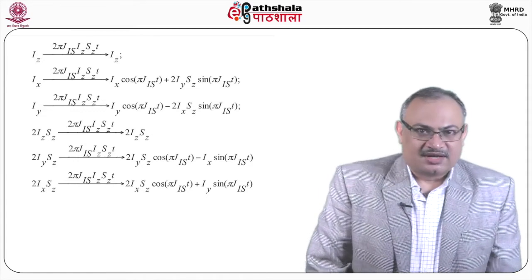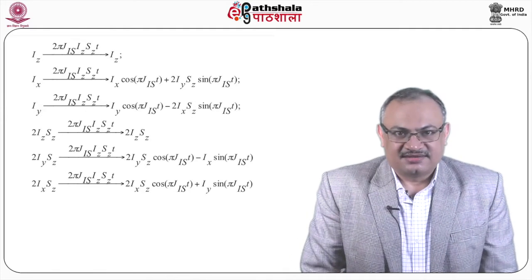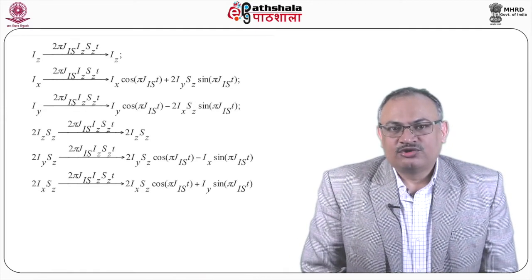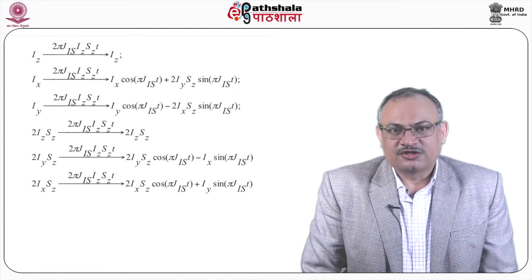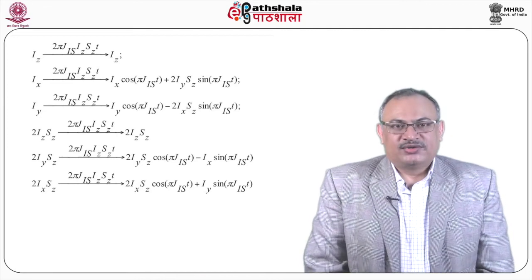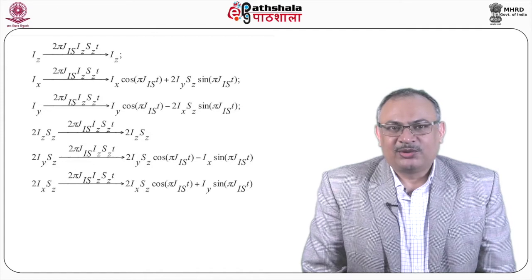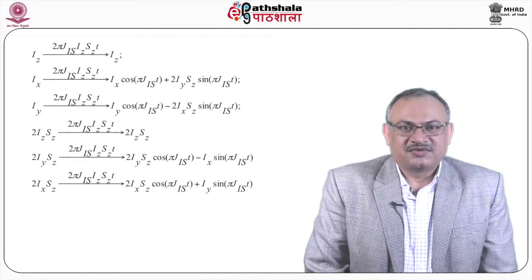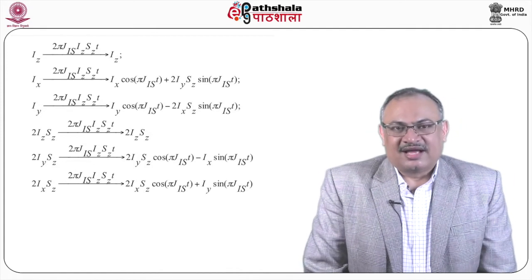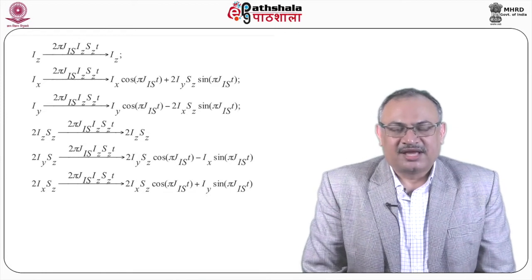And when this is applied to the multi-quantum term 2IxSz, then you have 2IxSz cos(pi J_IS t) plus Iy sin(pi J_IS t). Prior to this, on a single spin, we have seen how the pulse Hamiltonian and the free precession Hamiltonian have their effects, and now we see the effect of the coupling Hamiltonian.